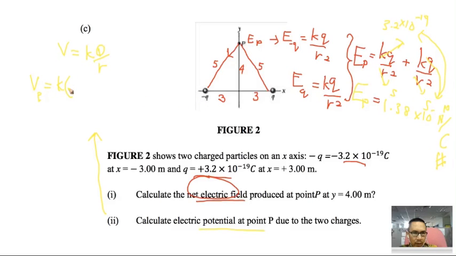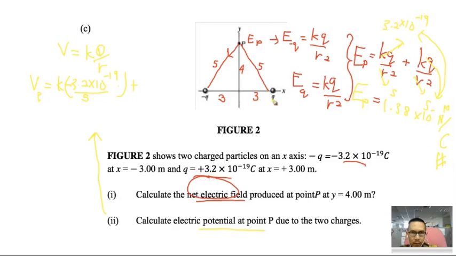The sign of the negative you must include in the equation to calculate the potential V. So negative 3.2 times 10 to the minus 19 magnitude over the distance here, 5.